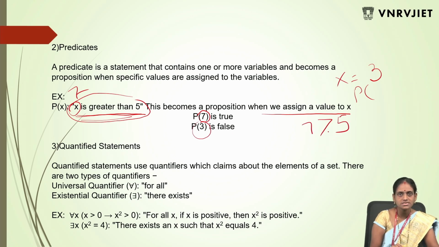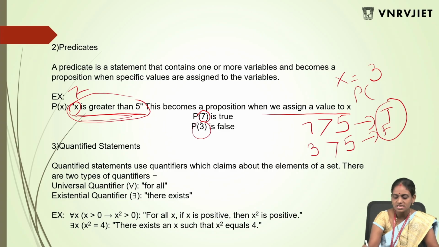Is the condition true or false? 7 is greater than 5, so it is always true. And one more statement, P of 3, is false. In the place of x, I represented 3: 3 is greater than 5. Is the condition true or false? It is false. So at last we are producing some result by assigning some value to a particular variable. That comes under predicate.